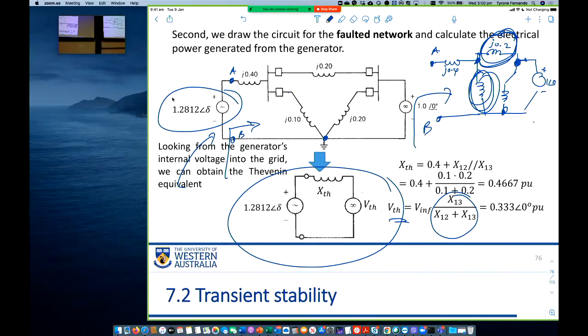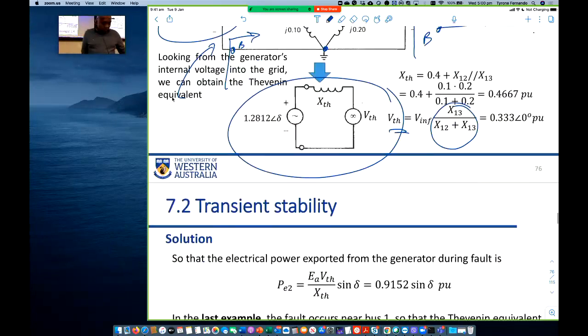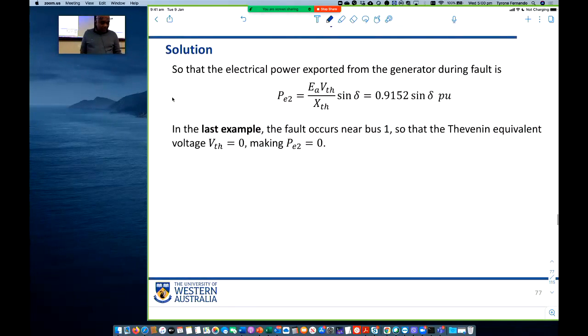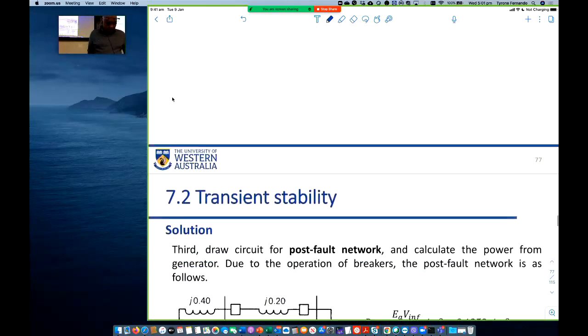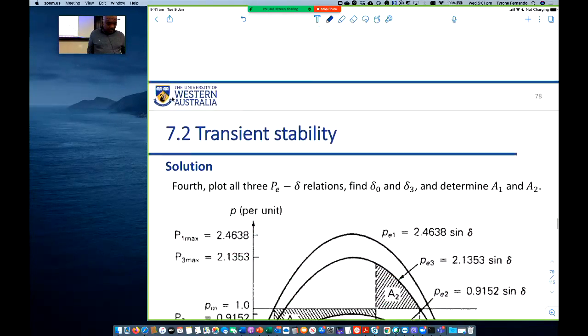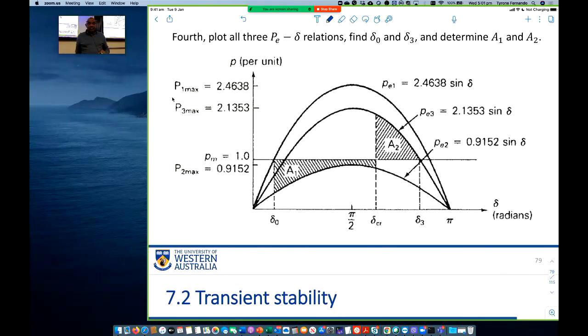This is the electrical power equation during the fault. The electrical power curve looks like that expression during the fault.